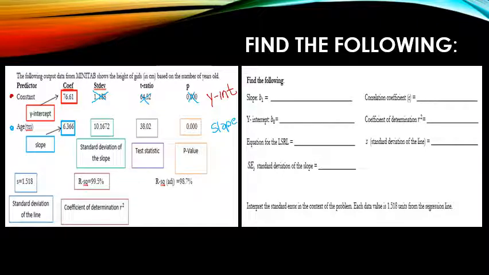Okay, so the first part says find the following, which is our slope. The slope is B1.